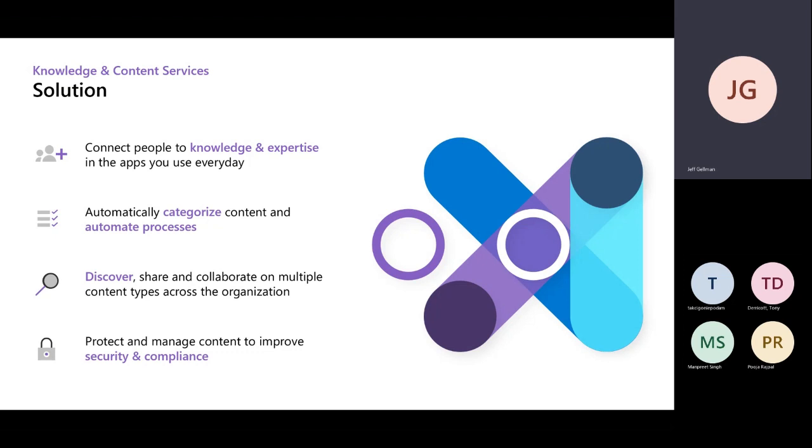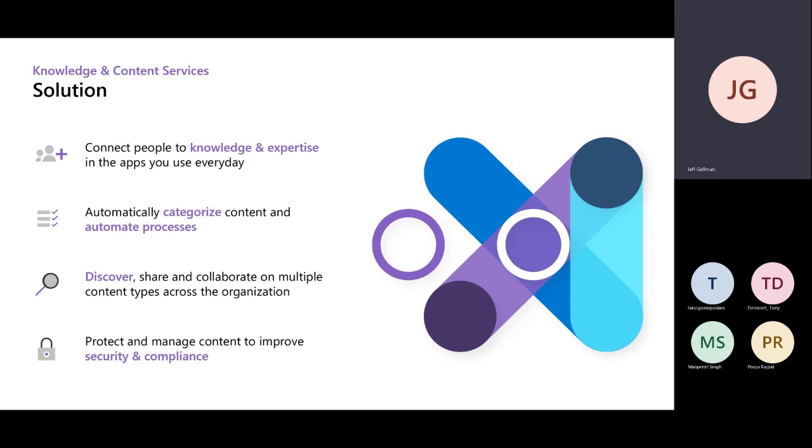So taking a look at those problems that we just showed before, what is the solution for that? This is where Viva Topics comes in, because it allows you to connect people to knowledge and expertise in the apps that people use every day, and we call that within the flow of work.